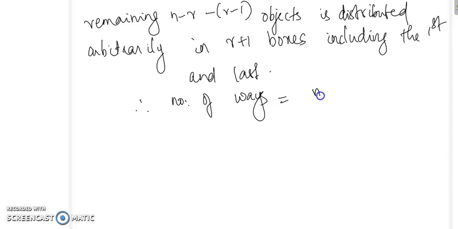So you will get n minus, so this is 2r minus 1 plus r plus 1 minus 1, then you have n minus 2r, this is plus 1.